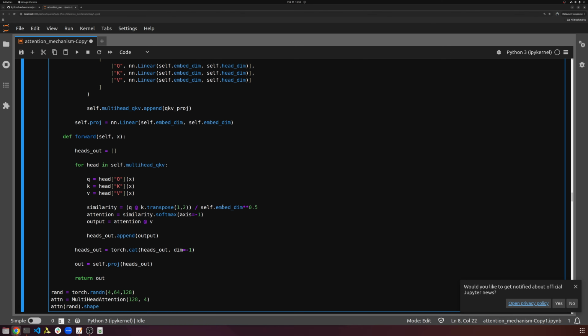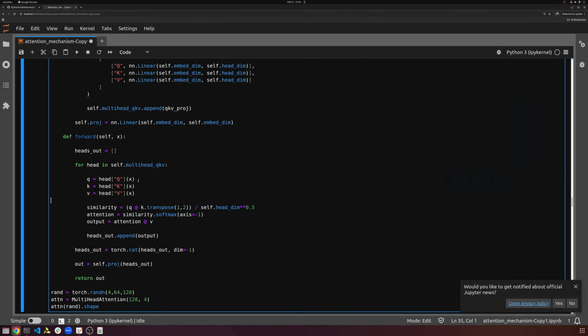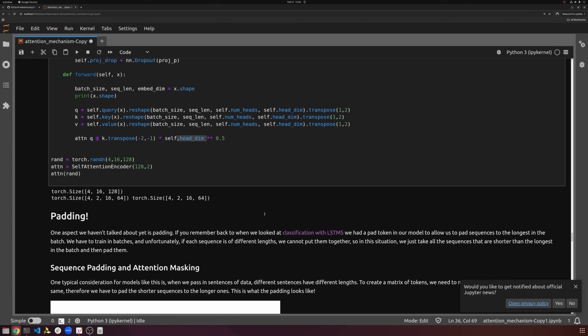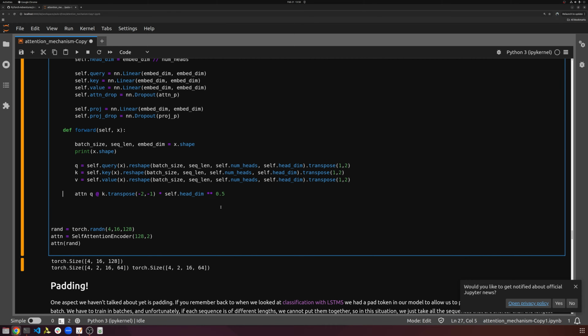My bad. This QK transpose is happening along the head dimension, not the full embedding dimension. So we want to scale by the embedding dimension of each head. So that's my bad. Okay. All right. So we have all of this ready to go. I'll fix that in my notebook later if it's wrong there as well.